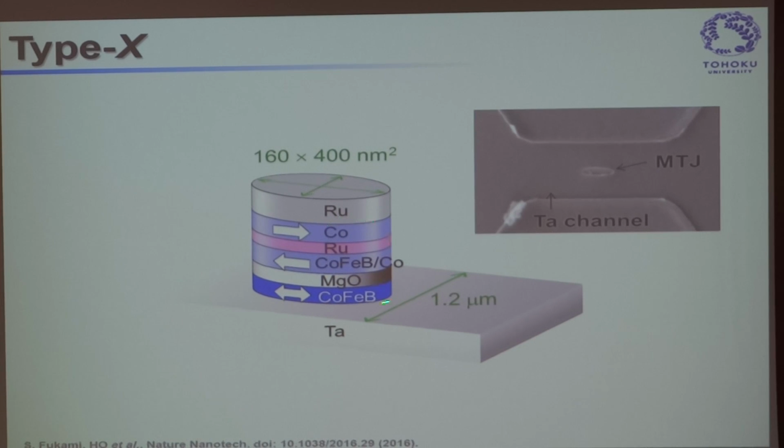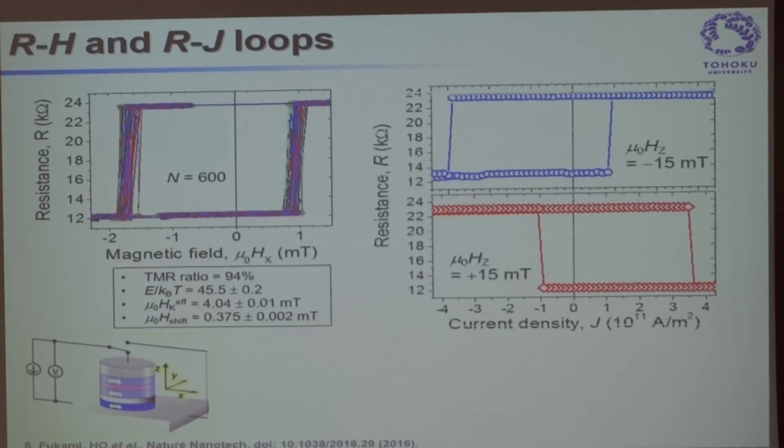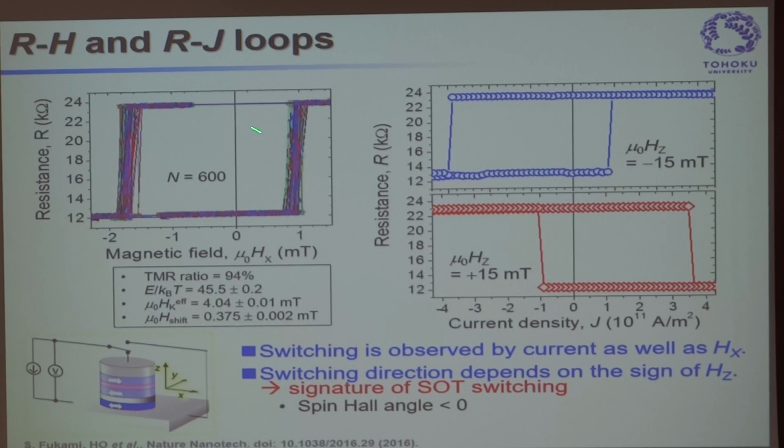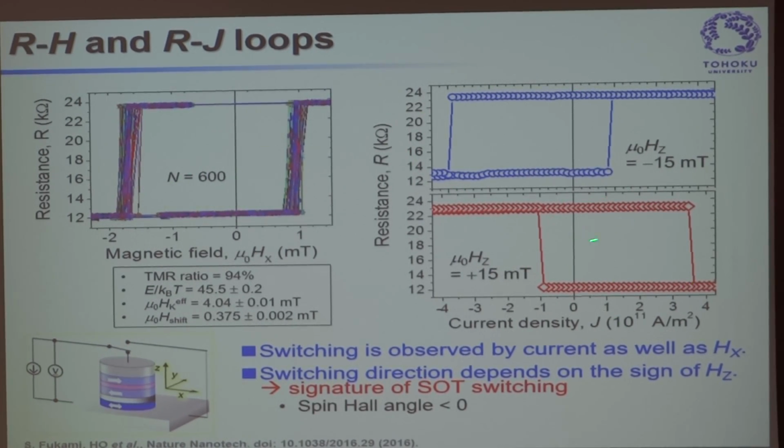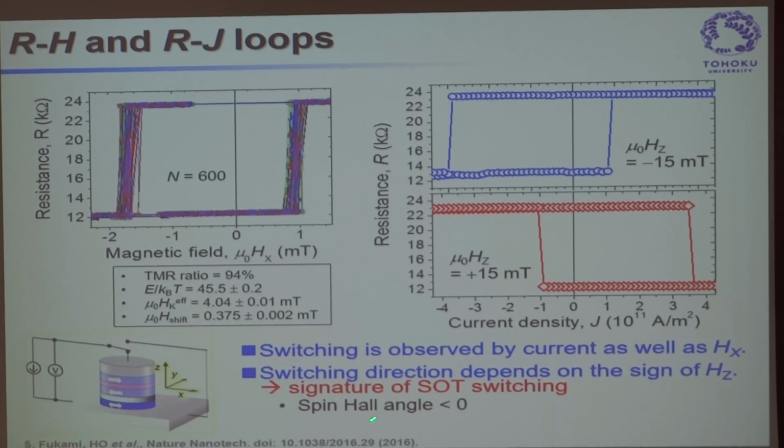This is the dimension that we've been working on for this type X. The slide here just shows that indeed we can have magnetic field switching as well as current-induced switching, and the sense depends on the polarity of the field that you apply in the Z direction. And it's consistent with the fact that the tantalum spin Hall angle is negative.